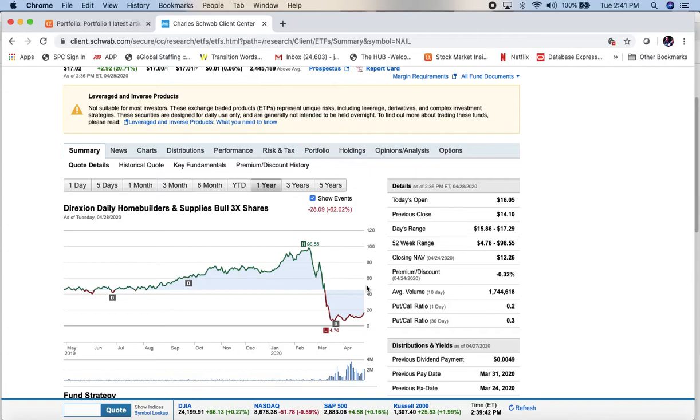If I take that and divide it by 16.05, we're talking about roughly 2 times what you paid that it may possibly increase if it trends back towards the 52-week high. If that doesn't make sense, give it a few minutes, maybe it will.